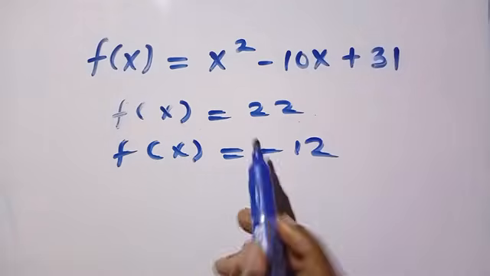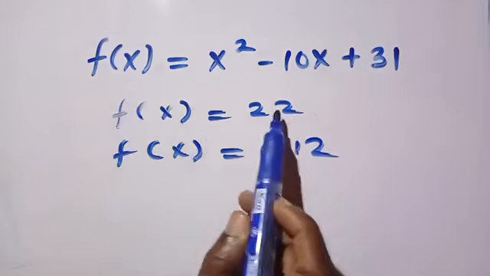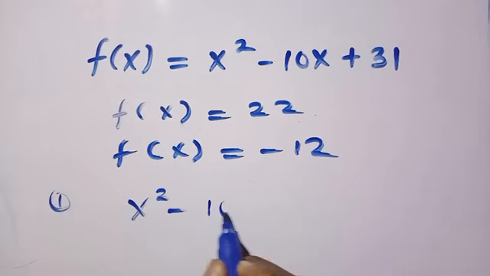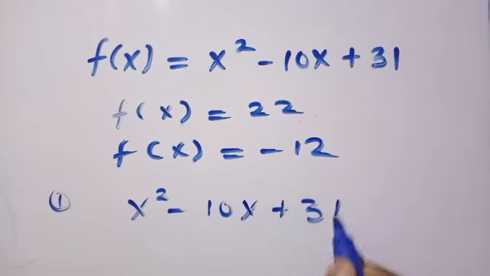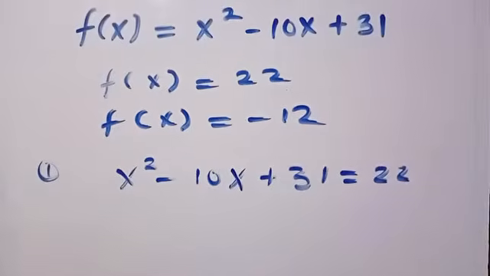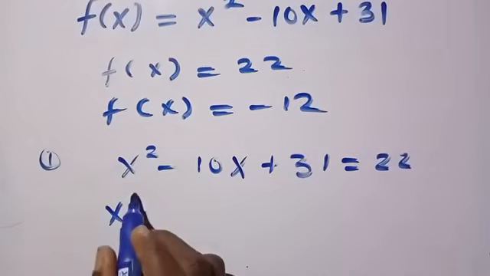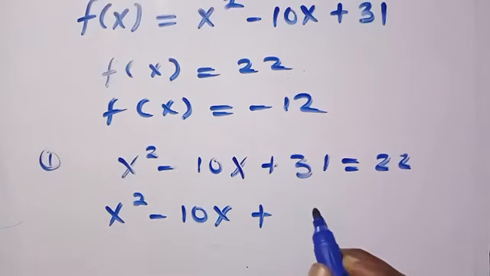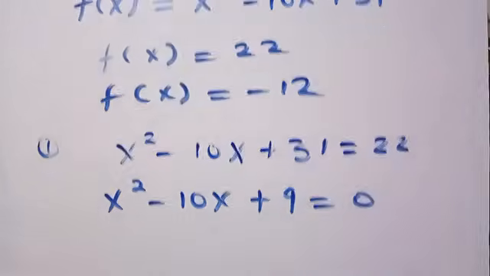Suppose I start from the first one. Instead of f of x, let's replace it with 22. So the first one becomes x squared minus 10x plus 31 equals 22. Then we have x squared minus 10x plus 31 minus 22, that gives us 9, equals 0.